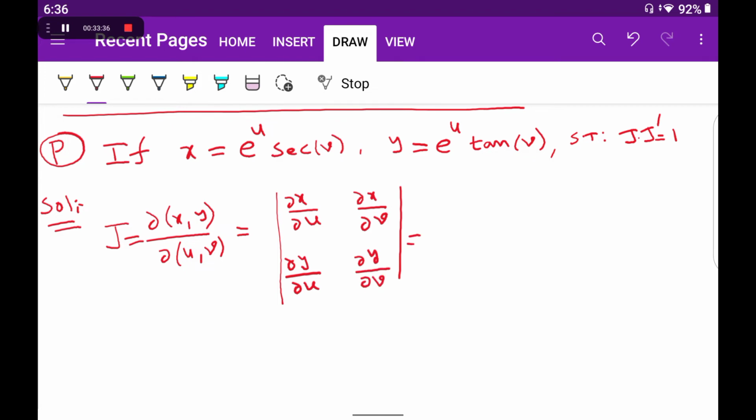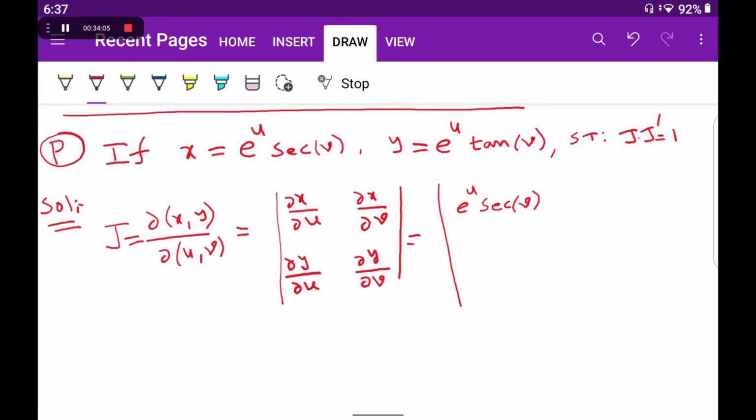See, we are differentiating x with respect to u. When you differentiate x with respect to u, secant v is constant, and the derivative of e power u is e power u. So e power u secant v.